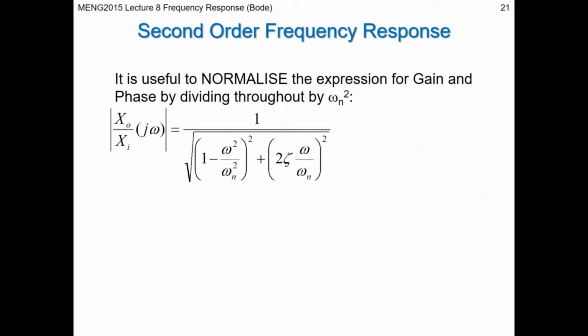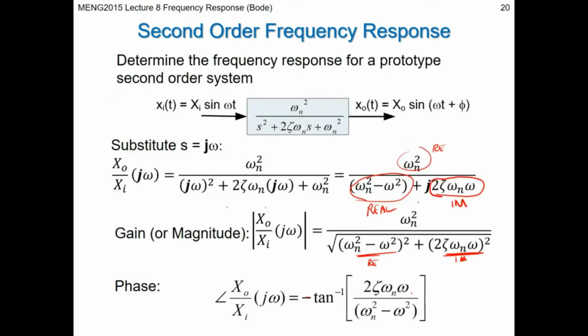But what we're going to do is not simplify exactly, but, because it makes it useful to do, we're going to divide throughout by omega n squared. So if I skip back up, this expression here for gain, we're dividing throughout by omega n.